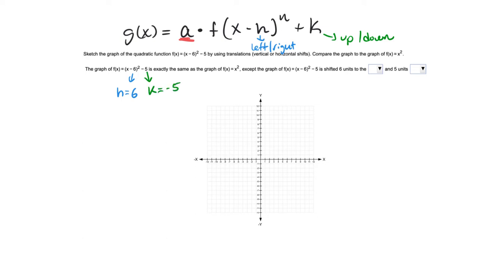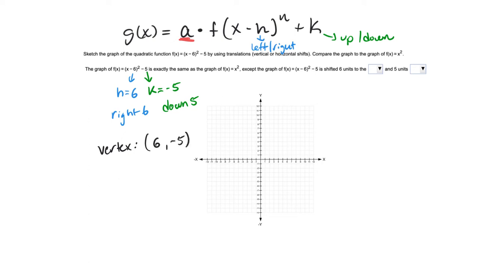So in order to graph this, we just move our vertex to the right 6 and down 5, from our original 0, 0. So your vertex here is just h comma k, or 6, negative 5.